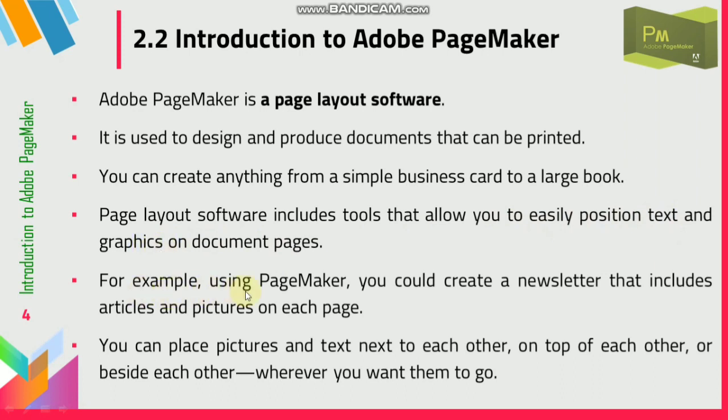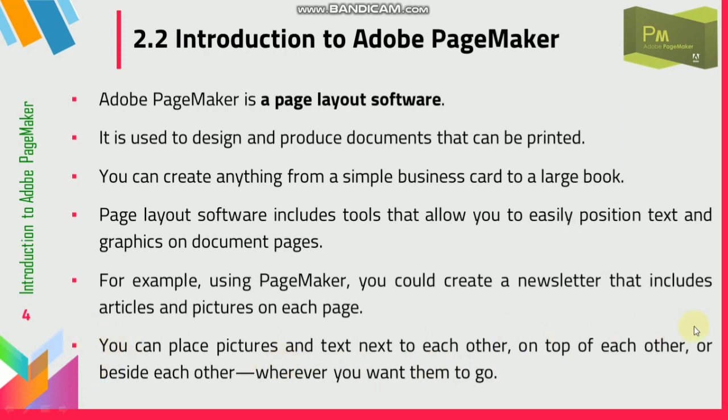For example, using PageMaker, you could create a newsletter that includes articles and pictures on each page. You can place pictures and text next to each other, on top of each other, or beside each other, wherever you want them to go.